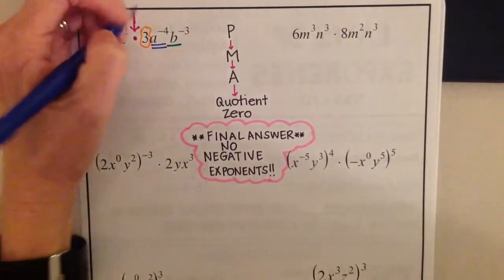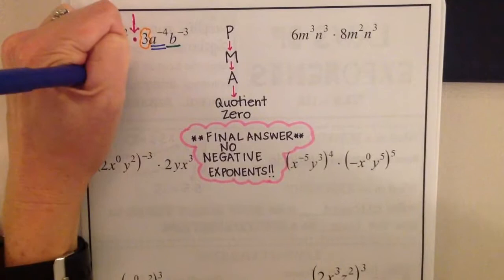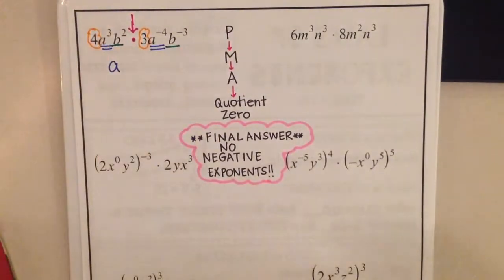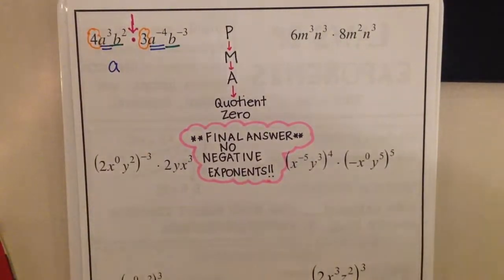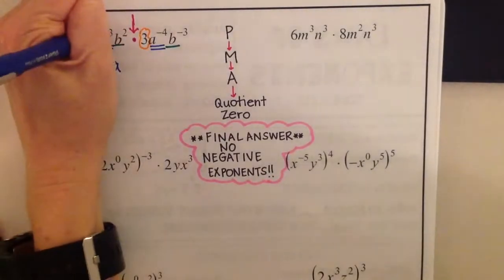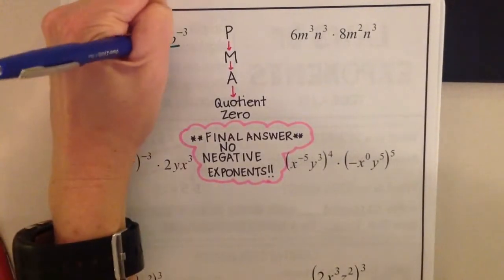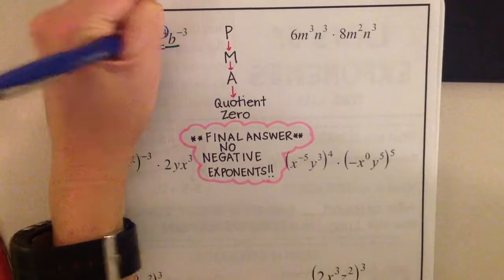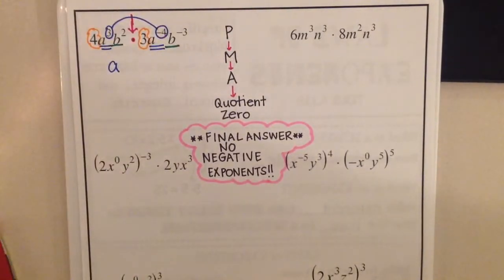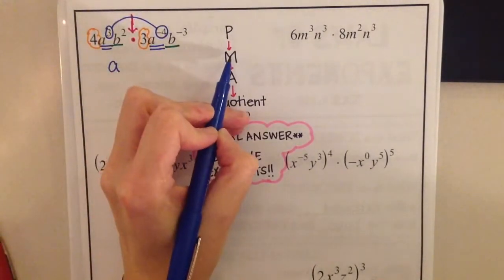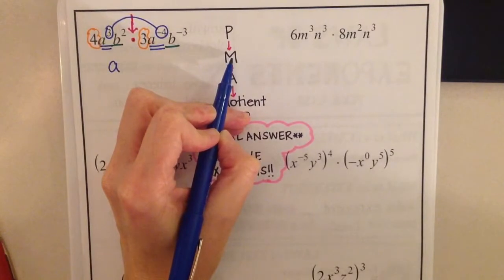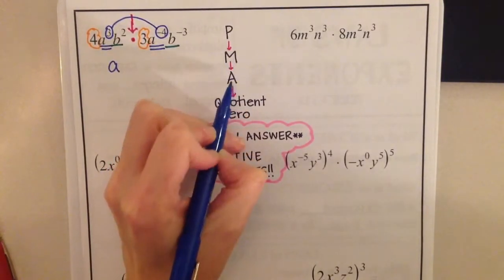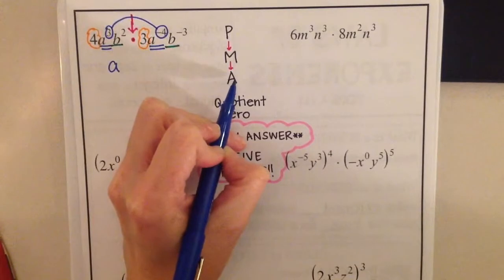Okay, so now I'm going to take my first base, which is A. Remember, we're going to come back to those integer bases in just a second. So A. And I always like to circle my bases, my exponents, and connect them so that I know which two numbers I'm working together. Okay, so if we're multiplying, is that the operation we're using on our exponents? No, we are going to be using A, stands for addition.